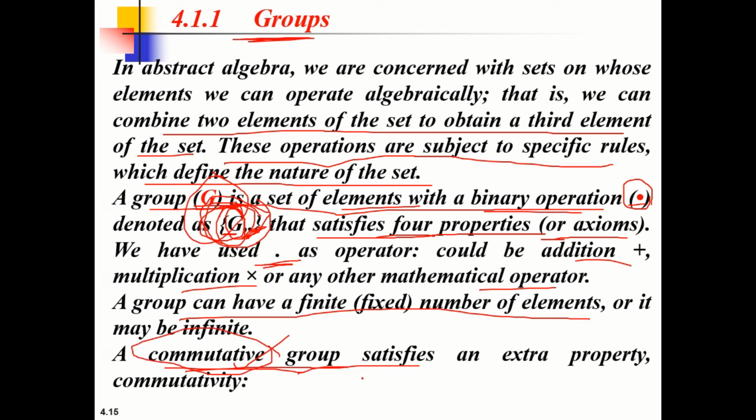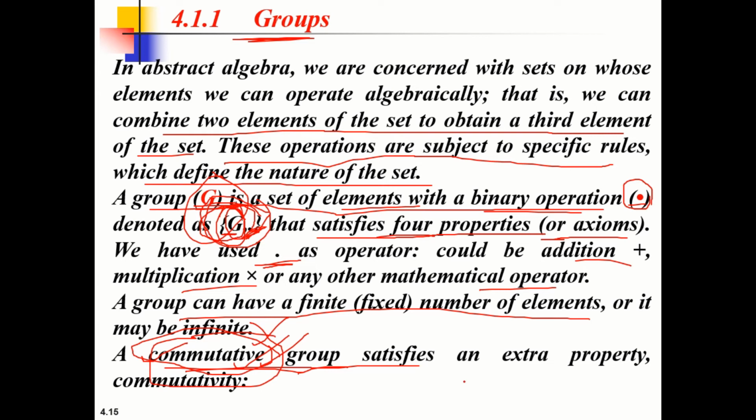We also call it an abelian group. The four properties are compulsory to be satisfied, but in addition, if any group satisfies this commutative property as well, then we call it a commutative group. Those four properties must be satisfied; this is an additional property. If any group satisfies this commutativity, then we say that group is an abelian group.